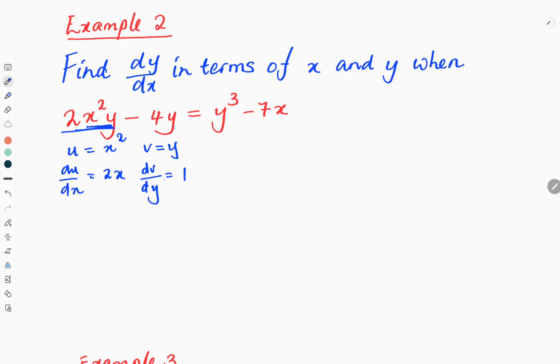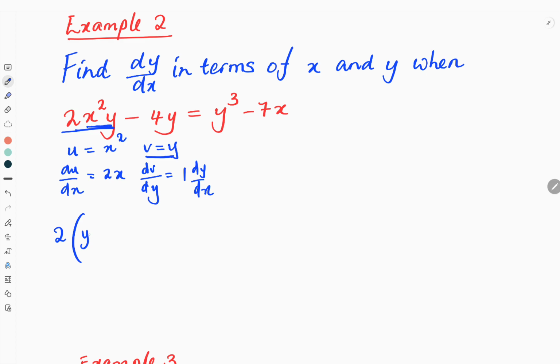Remember, every time you differentiate a y, you put a dy dx. So we will now need to use our product rule. In this case, that will be 2 multiplied by v du dx, which is y. We don't put a dy dx for this because we didn't differentiate y.